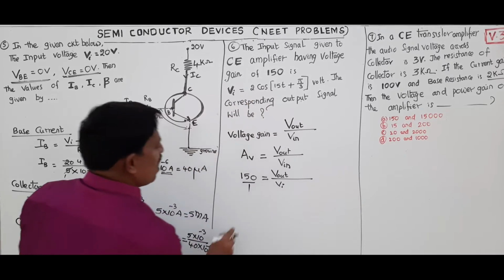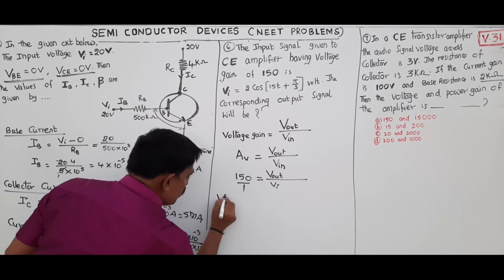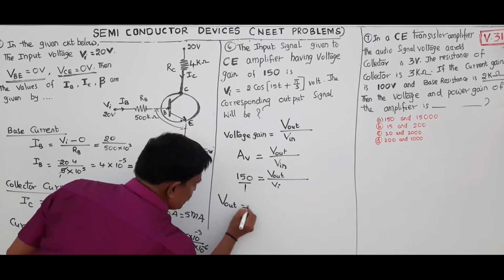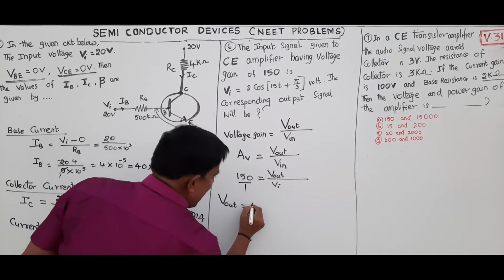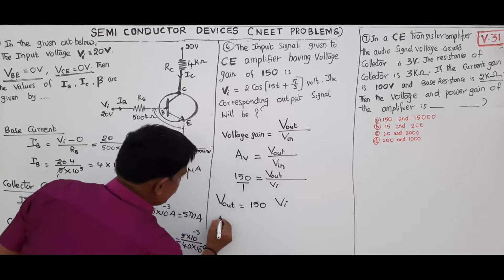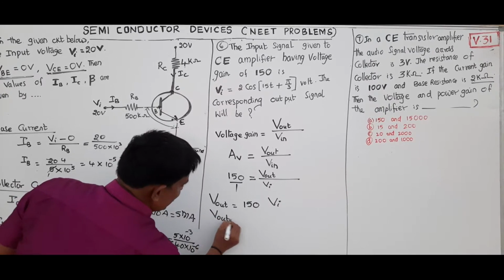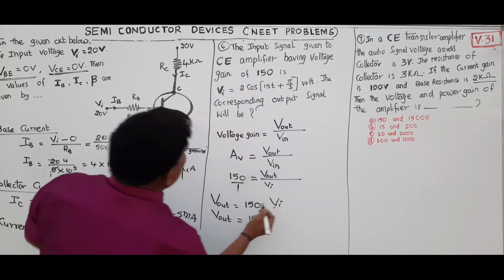Here no one is there, so 1 into V out. Output voltage is equal to 150 into VI, that is, 150 into input voltage.